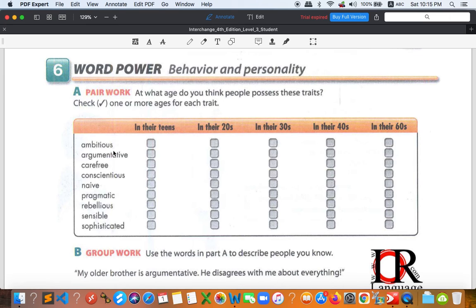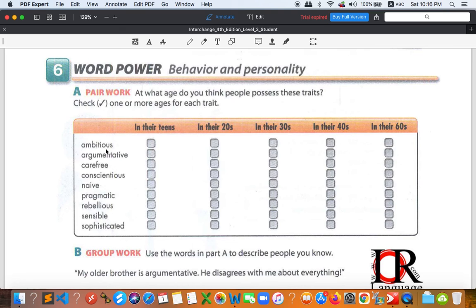So what do you think about the age at which people usually have this ambition? In their teens, 13 to 18, 20s, 20 to 29, 30s, 30 to 39, 40s, 40 to 49, 60s, 60 to 69. At what age do you think people are ambitious?